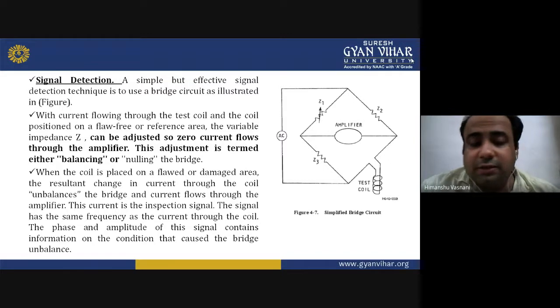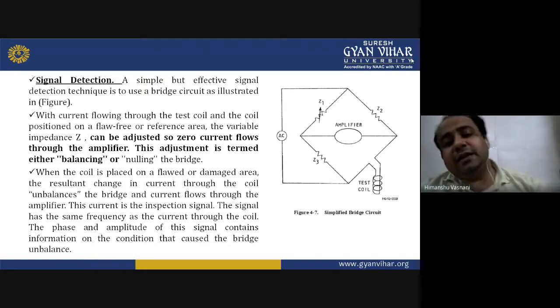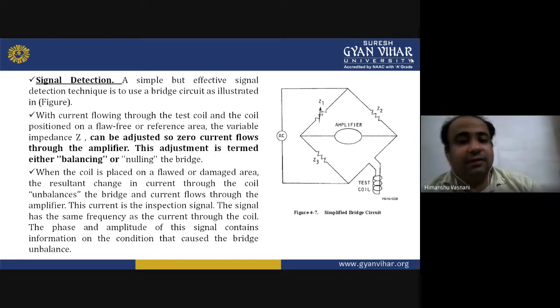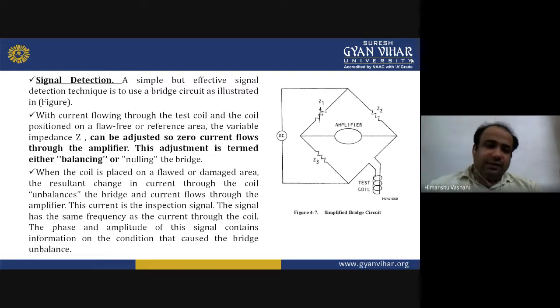Now, when the coil is placed on a flawed or damaged area, the resulting change in current through the coil unbalances the bridge, and current flows through the amplifier.